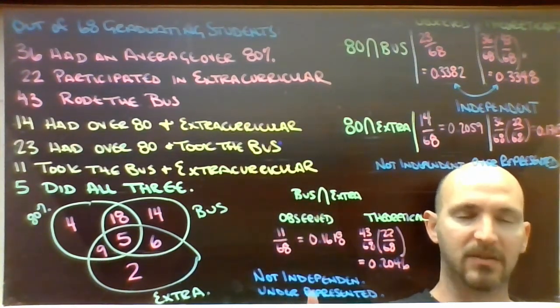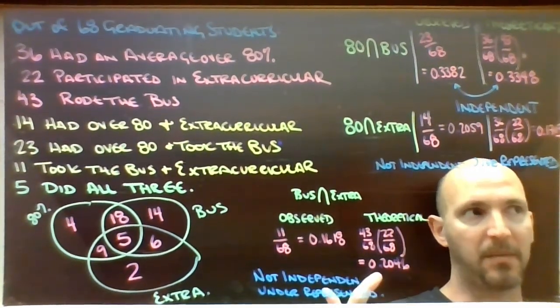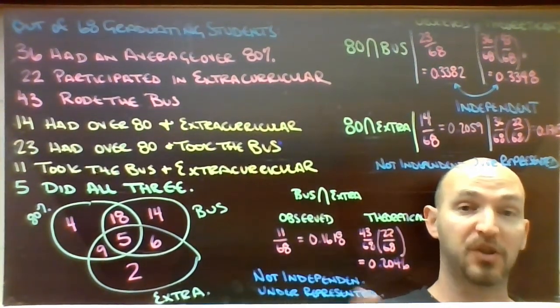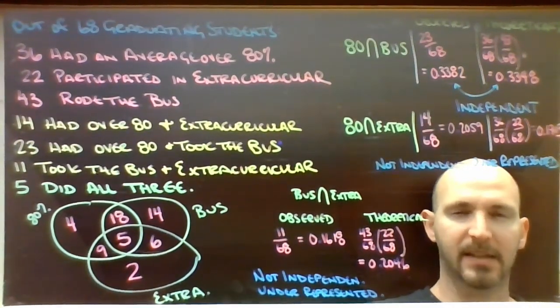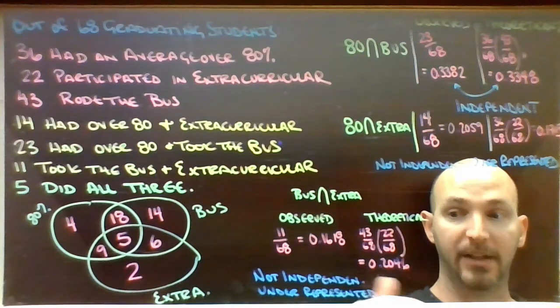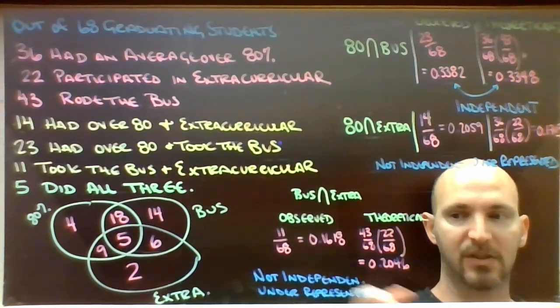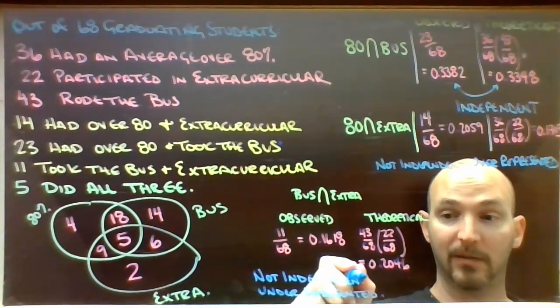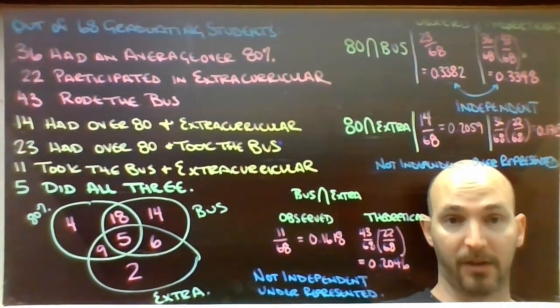So maybe taking a bus discourages you from taking extracurriculars. Maybe being in extracurriculars discourages you from taking the bus. Maybe people who don't like buses also don't like soccer. I don't know. I don't have that information, but I do have some evidence that these two things are not independent. And in fact, they're underrepresented.